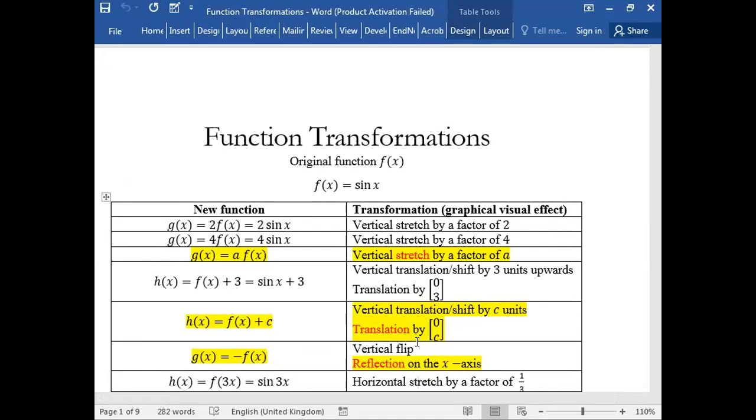Whatever operation we are doing to the output, we are seeing vertical transformation for that. For example, if I'm multiplying the output by a number, I am seeing vertical stretch by that factor. I am adding some value to the output, so I am seeing vertical translation. So when I'm multiplying negative with the output, I want something vertical in my mind, so I will call it vertical flip. But we do not write that in the answers.